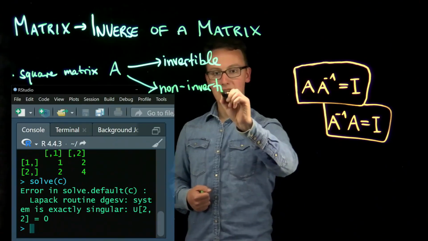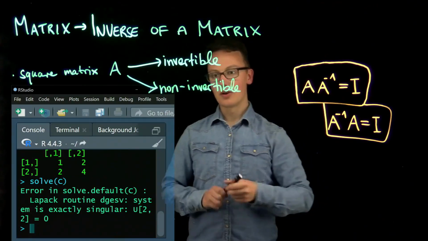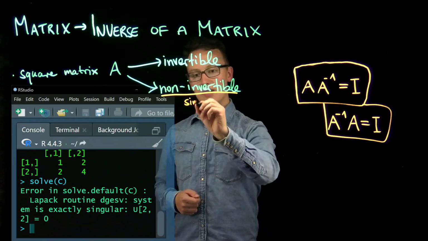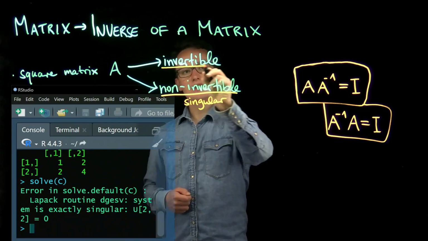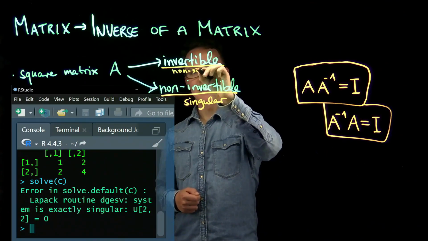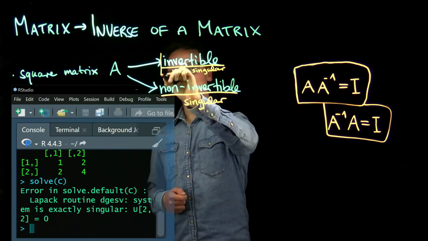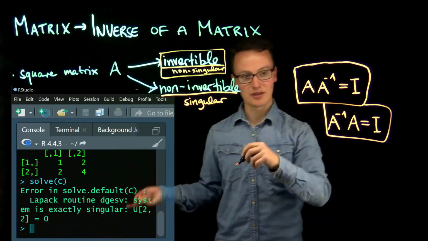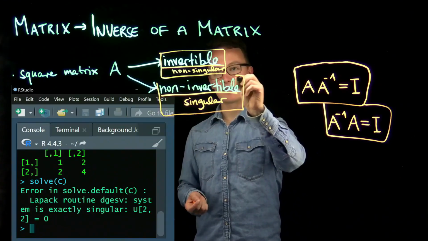Another way of saying this, two synonyms for this, is that non-invertible matrices are also called singular matrices, and likewise invertible matrices are also called non-singular matrices. That is slightly confusing double terminology, but just keep that in mind. Whenever you see invertible, it basically means non-singular, and when you see non-invertible, it basically means singular matrix.